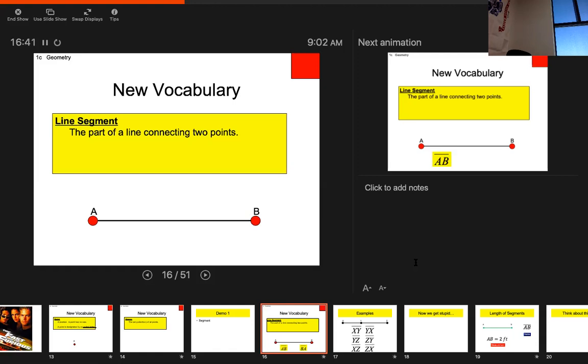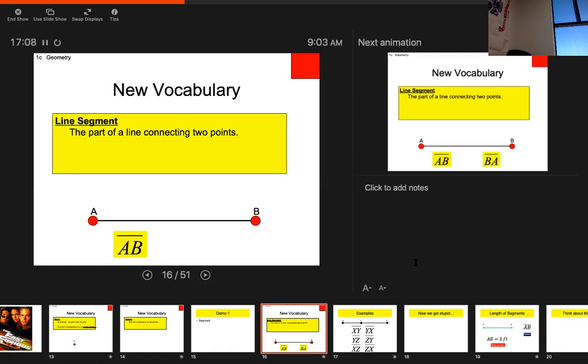So he said AB. Chandler, you got another name for it? Is that the only name for this one? Connor, you got another name? So AB is what we're going with? It's got to be a letter that's on it. There's your other name for it.